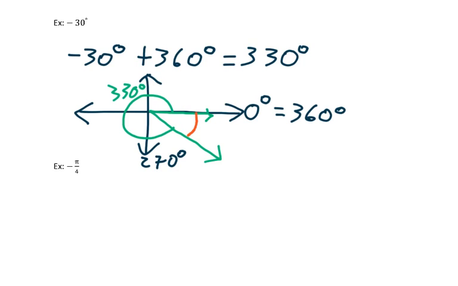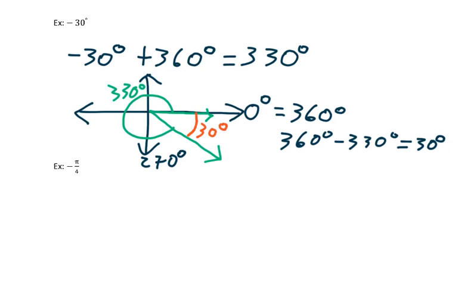Then we'll be left with this. So we have 360 degrees throwing away 330 degrees, and as you can see, we're left with 30 degrees. So because of that, the reference angle in red is 30 degrees.